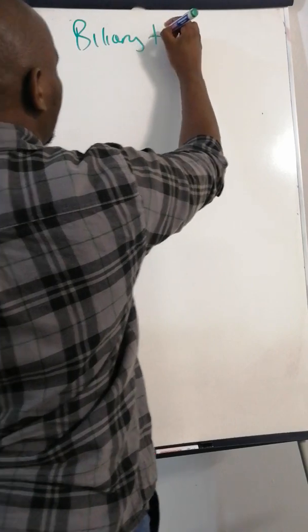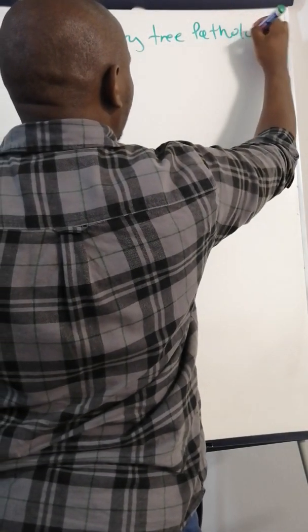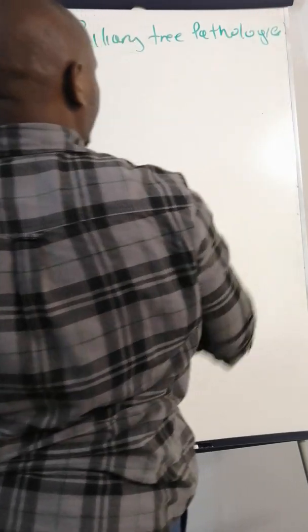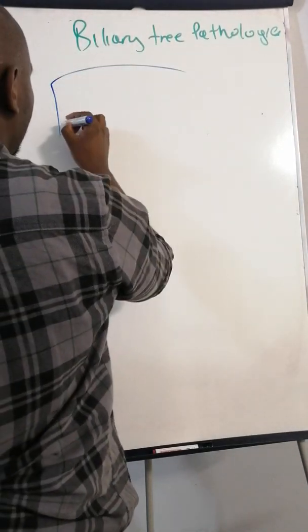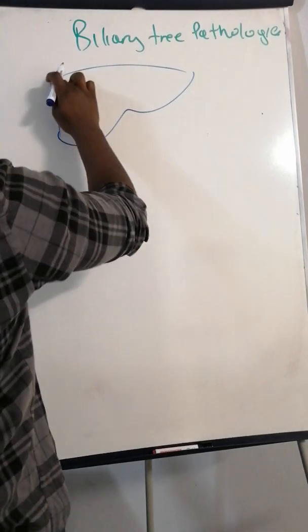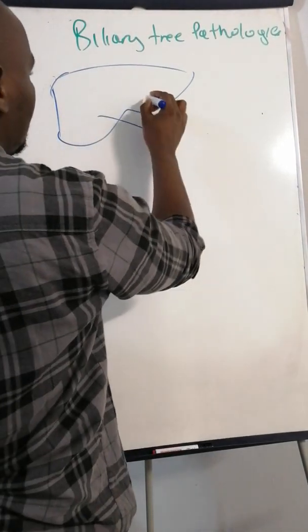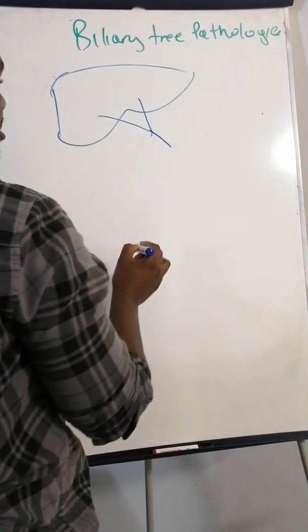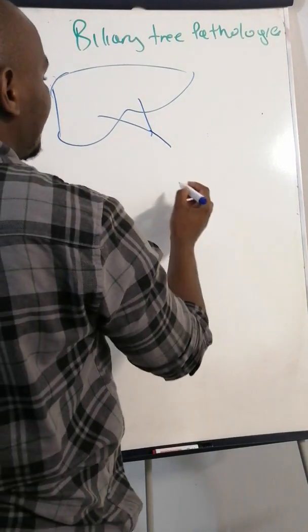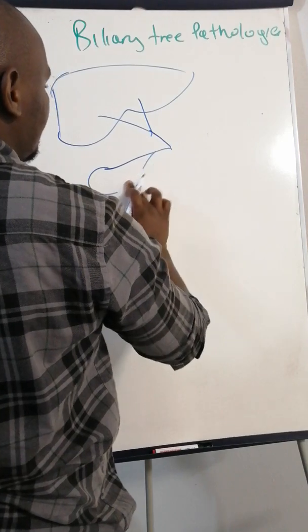Just a very quick reminder of the anatomy there. It's very important that we remind ourselves. So that's our liver, right and left hepatic duct. They come together and form a common hepatic duct, which is later joined by the cystic duct.